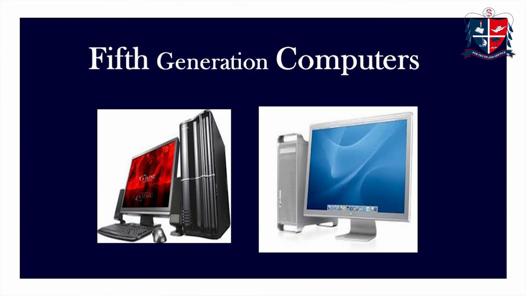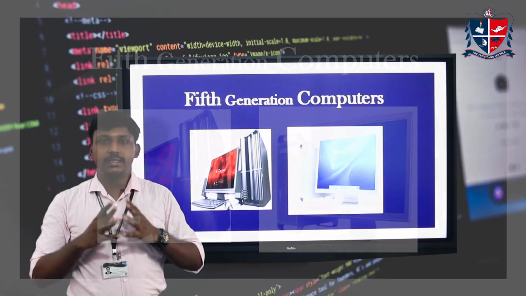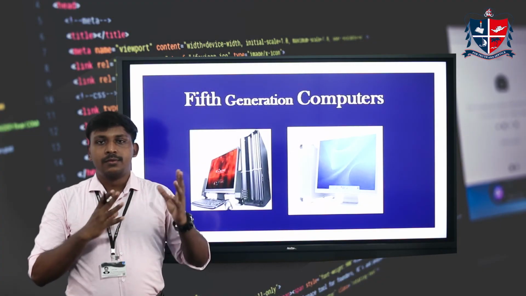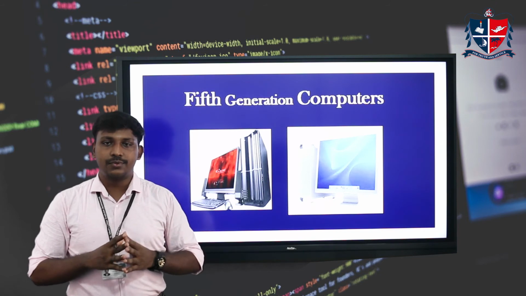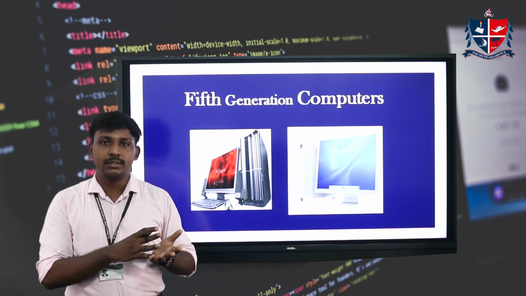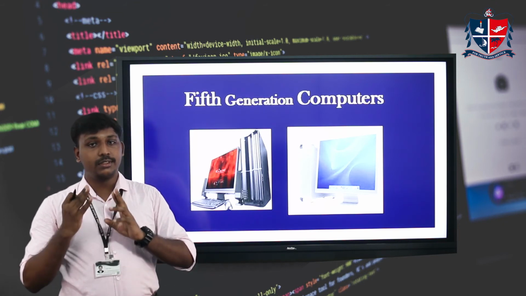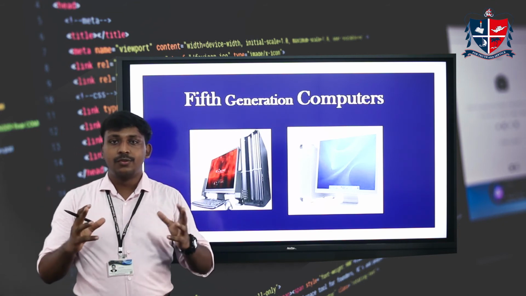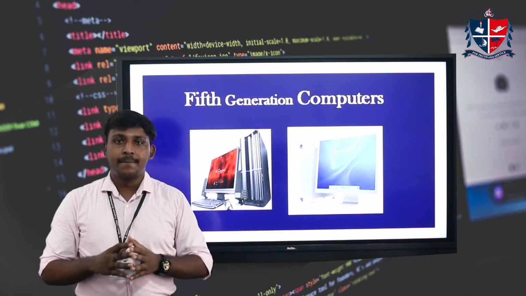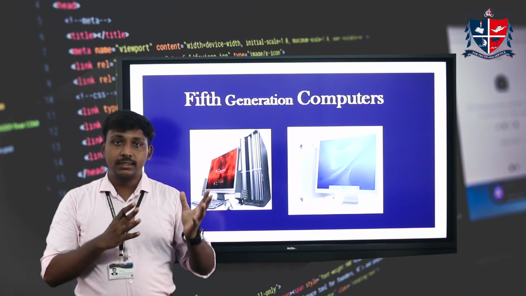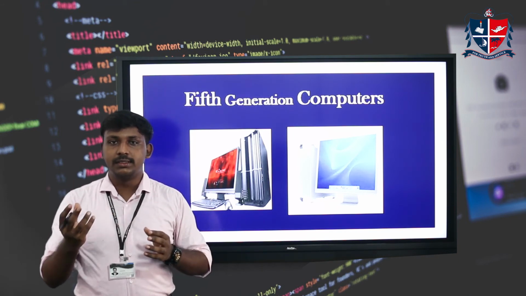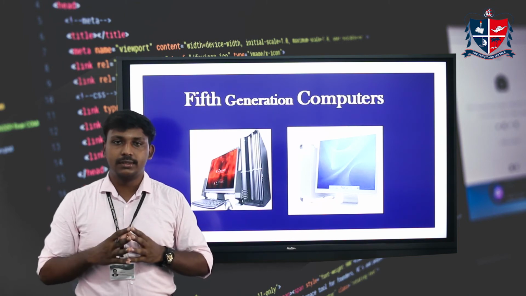Fifth generation computers means the computers we are seeing right now. From the first generation computers onward, we have had many advancements in technology, software as well as hardware. We need to analyze it one by one. The first generation computers were simple machines with simple calculating capacity.